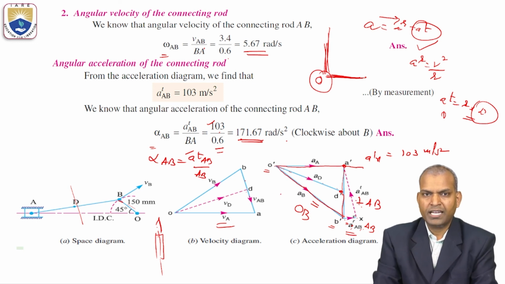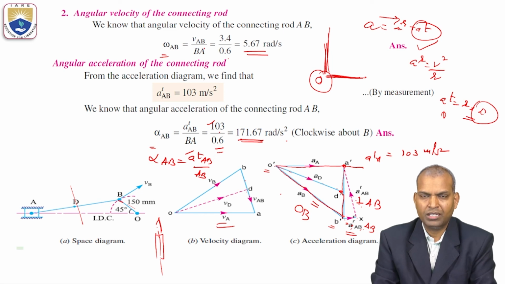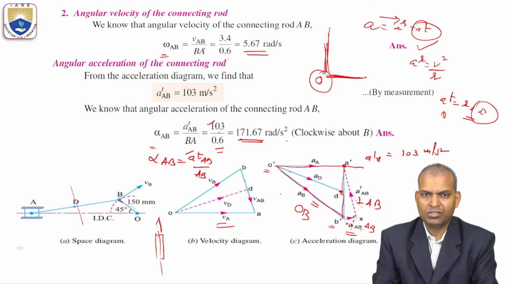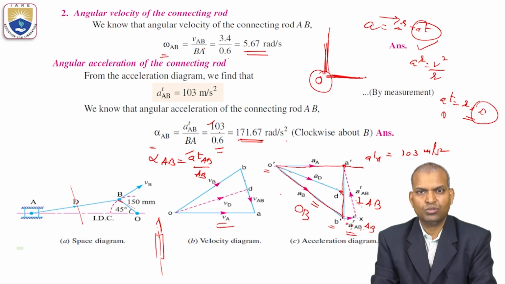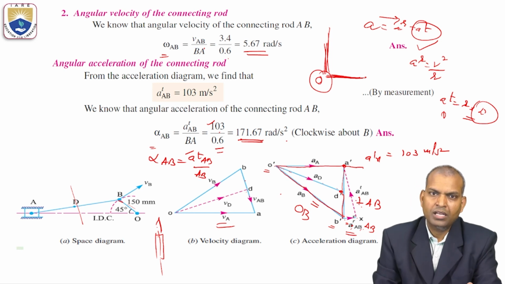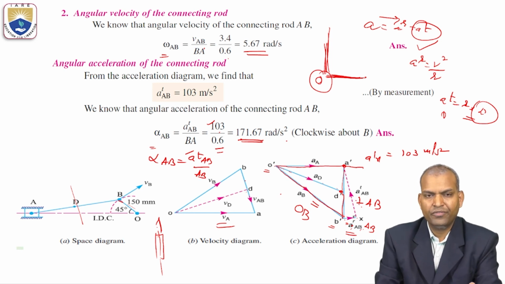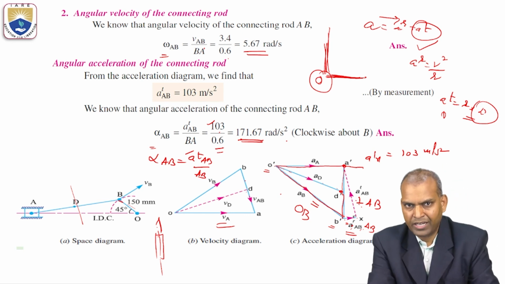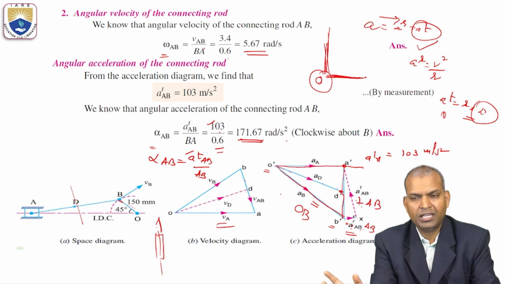If they ask directly in the examination to find the angular acceleration of link AB, they did not ask about the velocities of different links, they asked for acceleration components. That means we have to draw the configuration diagram and the velocity diagram, and from the velocity diagram, acceleration values can be found.